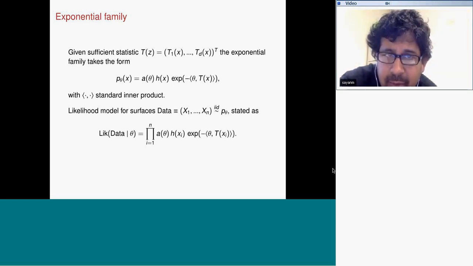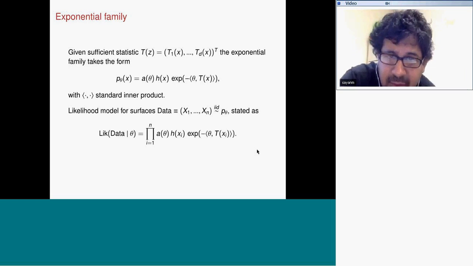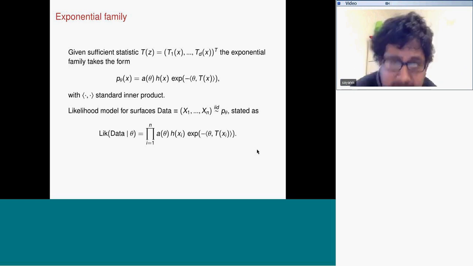Now, one of the reasons people look at sufficient statistics is that typically they satisfy something called an exponential family, which just means the density that's generating the data can be written in the first equation we have. Something depends on the parameters, something depends on the data, and something depends on the exponential of the inner product of the parameter with the sufficient statistic.